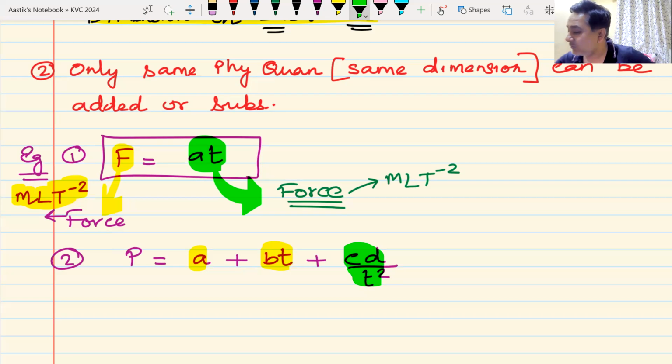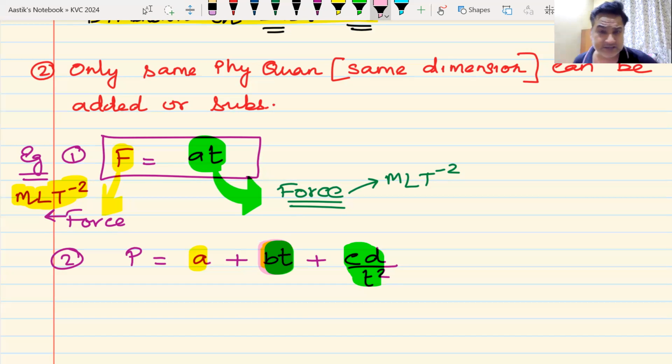The second one is also yellow. Let me see if I can change. Now it's become green. Now it's become pink. Okay. The first one is yellow, A. The second one is mixed color, B into T. The third one is, I think, green, C into D by T square.